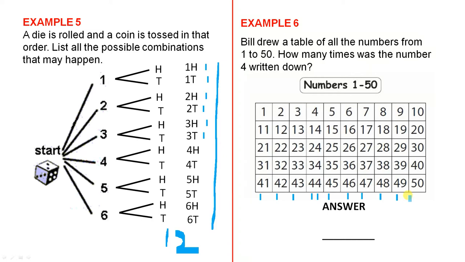That's 10 times there. Here's another one, look. There's 11. See? 12, 13, 14, 15. So the number 4 was written down 15 times. And there's an example of how to solve problems by creating a list.